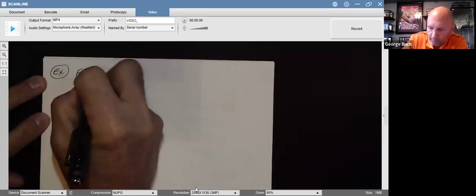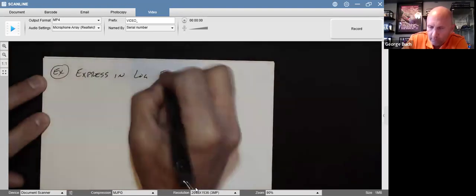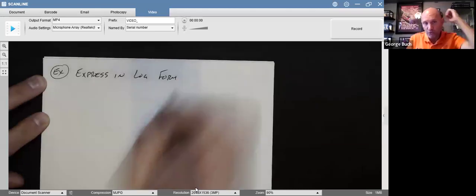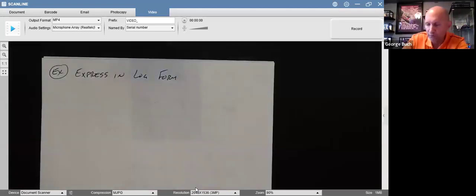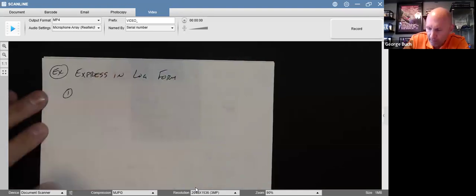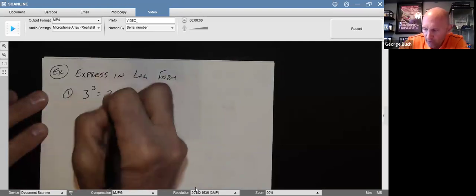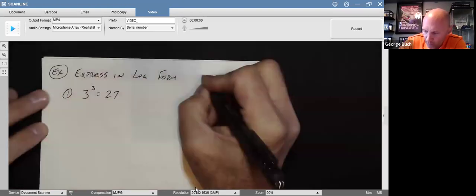Express in log form. So we're going to be given an exponential and we have to write it with the log function. And this is our basic log property. So if I have 3 to the third power is 27. Let's remember, what was the basic log property?